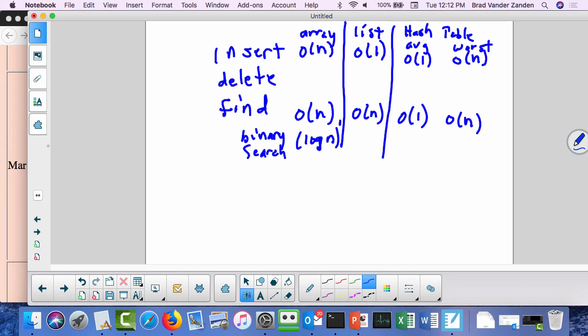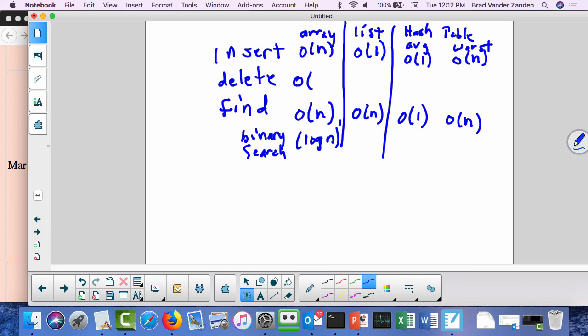Okay, for an array, if I delete the first item of an array, what do I have to do after I delete the first item? Shift all the items to the left. How many items in the array? N. So it takes n move operations, so it's order n.